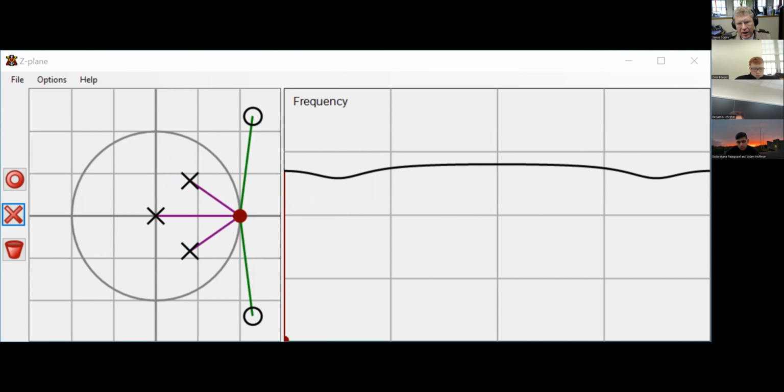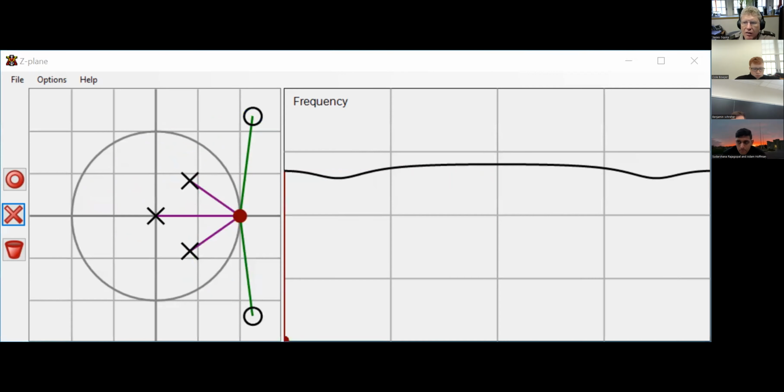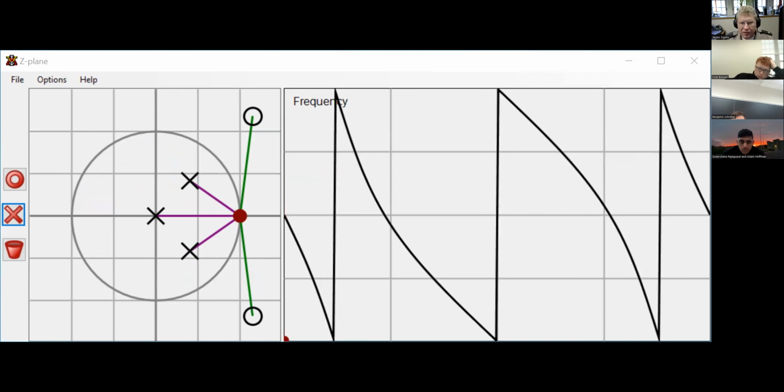Although that would have a unity gain and a flat frequency response, the phase would be anything but. Even though it's flat, the phase would definitely be very nonlinear. Does that sort of answer your question?